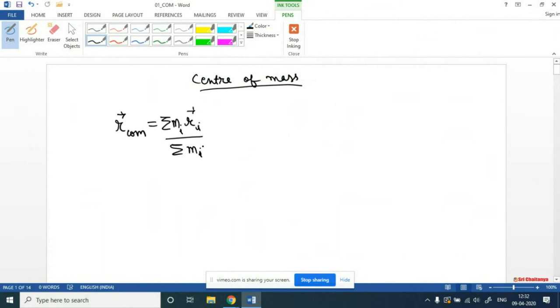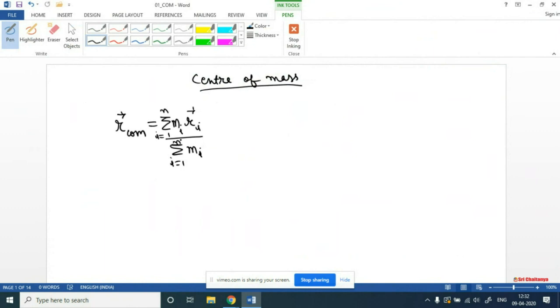This is the formula which we will be using. Let's say the system has total n particles, so i ranges from 1 to n. That is the formula for center of mass of a system of particles.